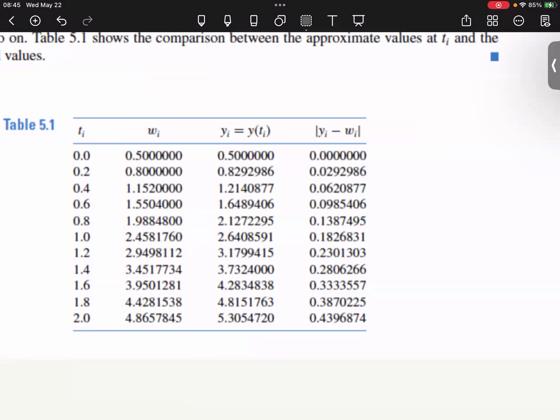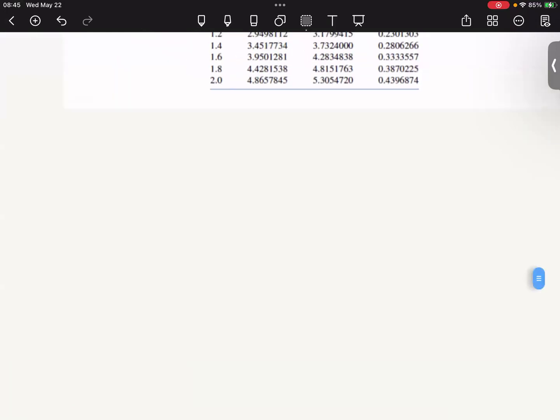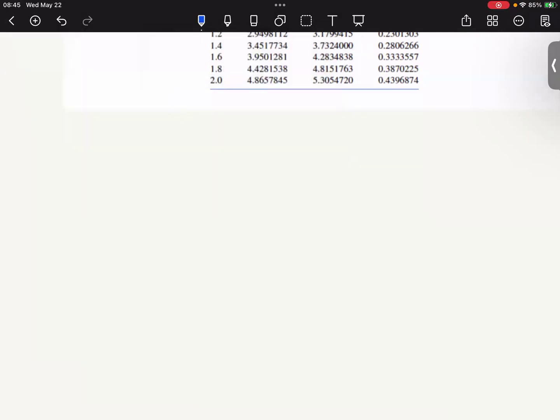So let's see. There's one theorem about this, about the error of Euler's method. This is the theorem, and in the error term you will see why this is getting bigger and bigger.